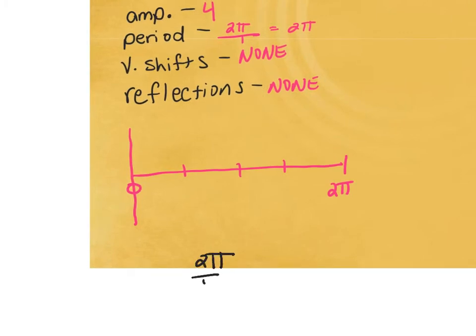So 2 pi divided by 4 is what? Pi over 2. You guys agree? Yes. Okay. So that means this first tick mark is 1 pi over 2.